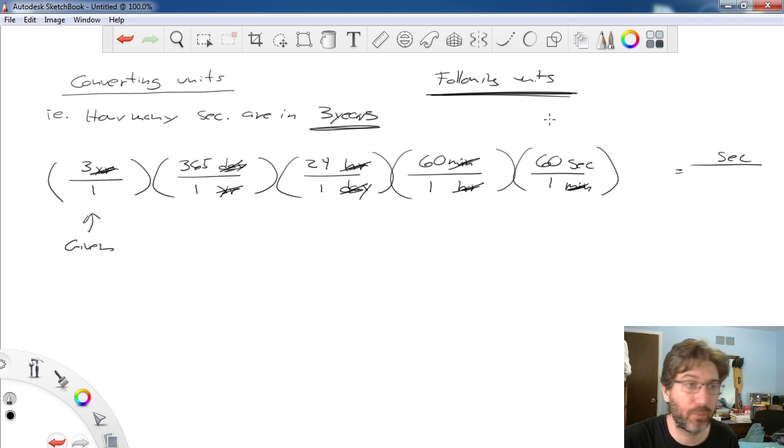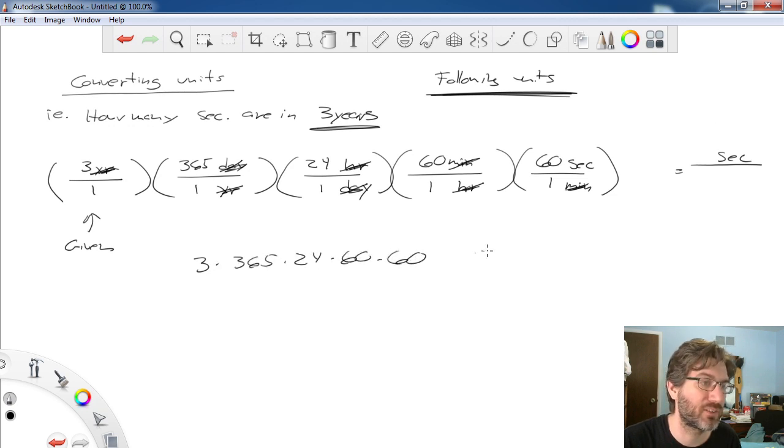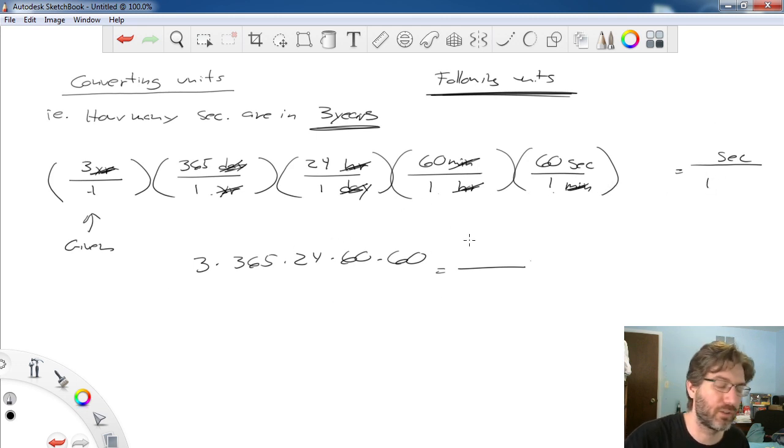Once it's set up, it's just multiplying fractions. Multiply your numerators, multiply your denominators, and divide. So here, we're going to be doing 3 times 365 times 24 times 60 times 60. And that's going to give us our numerator, and then 1 times 1 times 1 times 1 times 1 will give us a denominator of 1. So I'm going to go ahead and use my calculator to solve that out. You're more than welcome to.